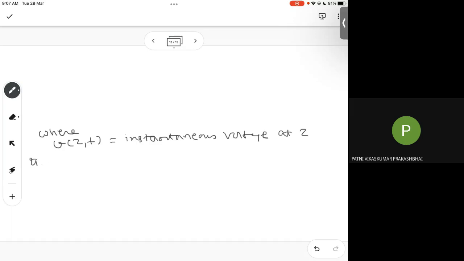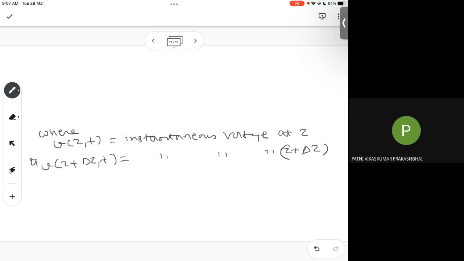And V(Z plus delta Z, T) is equal to the instantaneous voltage at Z plus delta Z. Okay, so this is done.